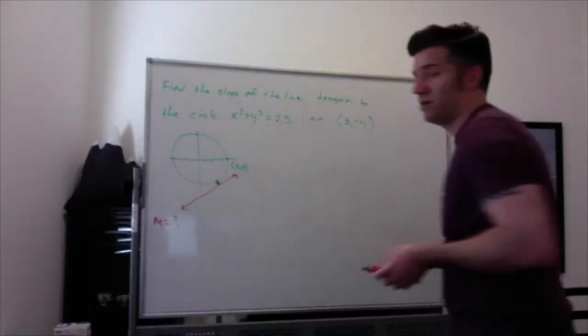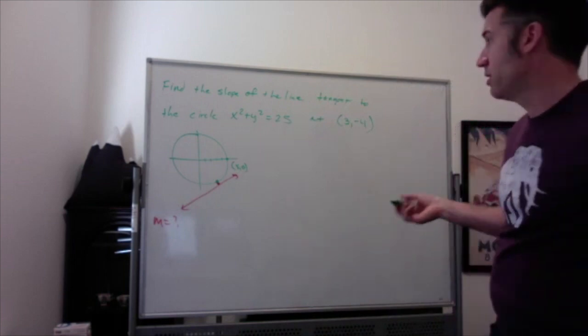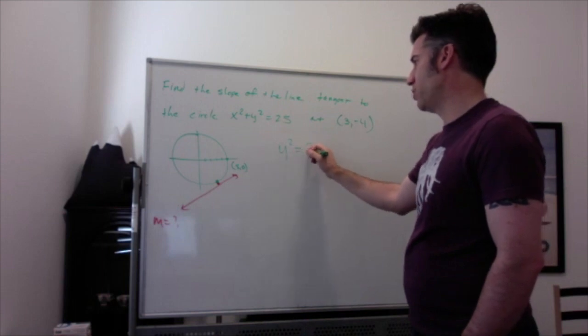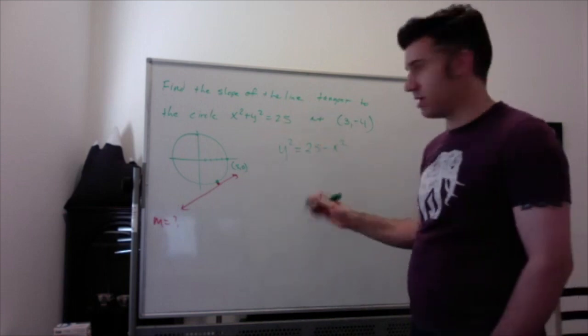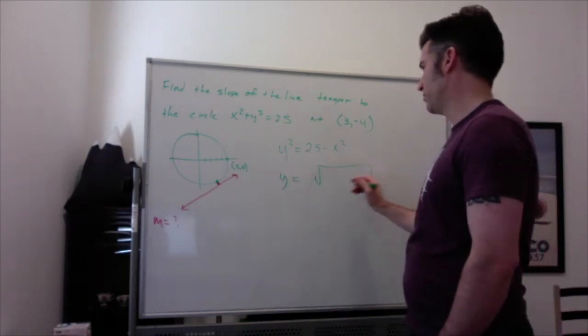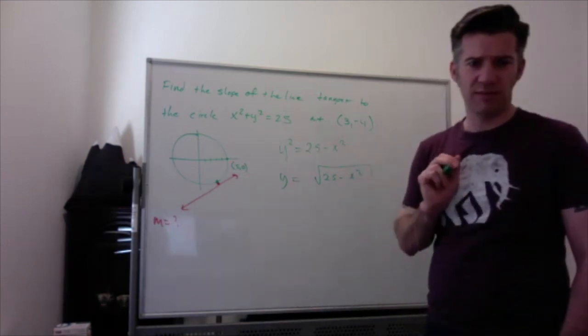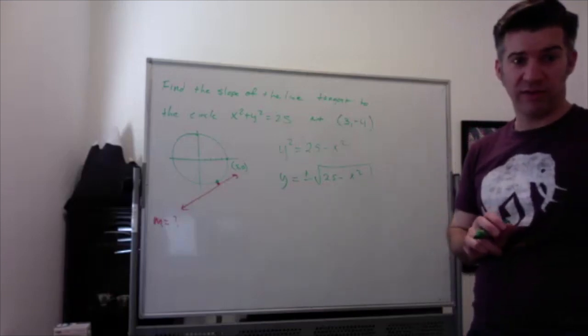So there's two ways we can do this one, because this one we can solve for y, kind of. If I start solving for y, I get y squared equal to 25 minus x squared. If I take the square root of both sides, I get y equal to, well, I'm actually missing something. y is plus or minus the square root of 25 minus x squared.